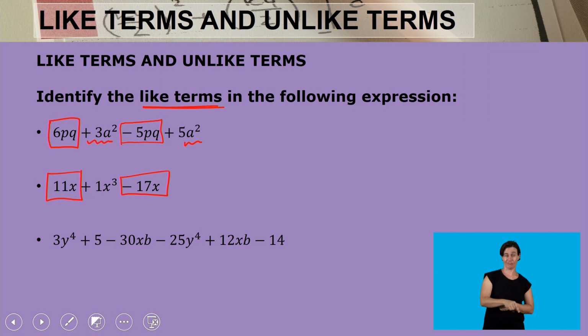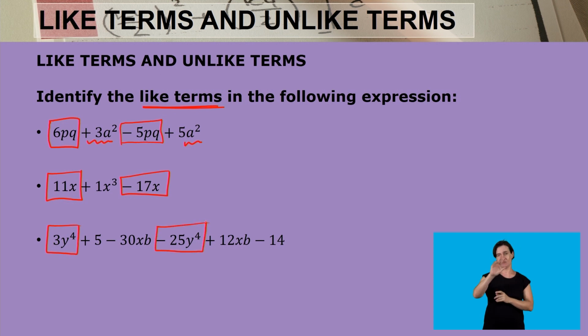Then we have 3y exponent 4 plus 5 minus 30xb minus 25y exponent 4 plus 12xb minus 14. Which ones here are the like terms? Well, yes, we have the 3y exponent 4 and the negative 25y exponent 4.